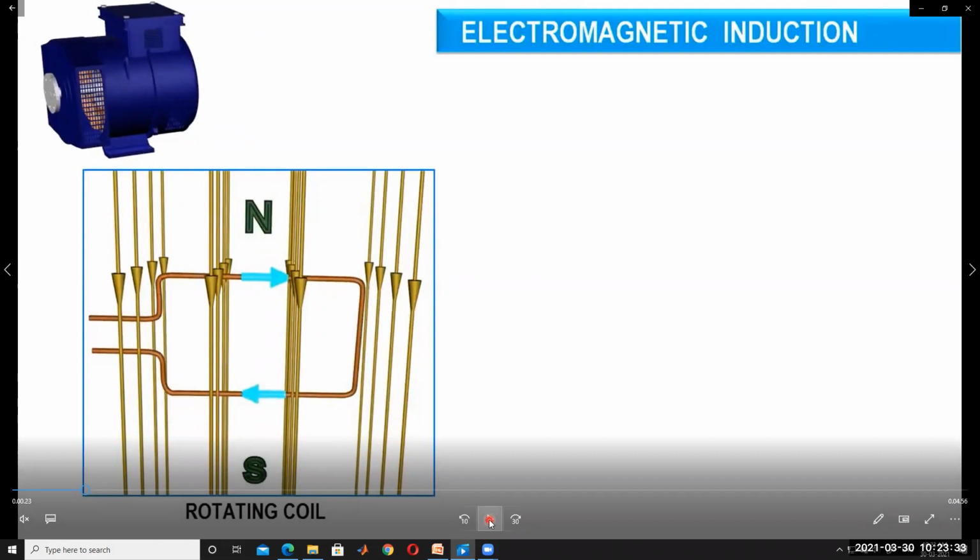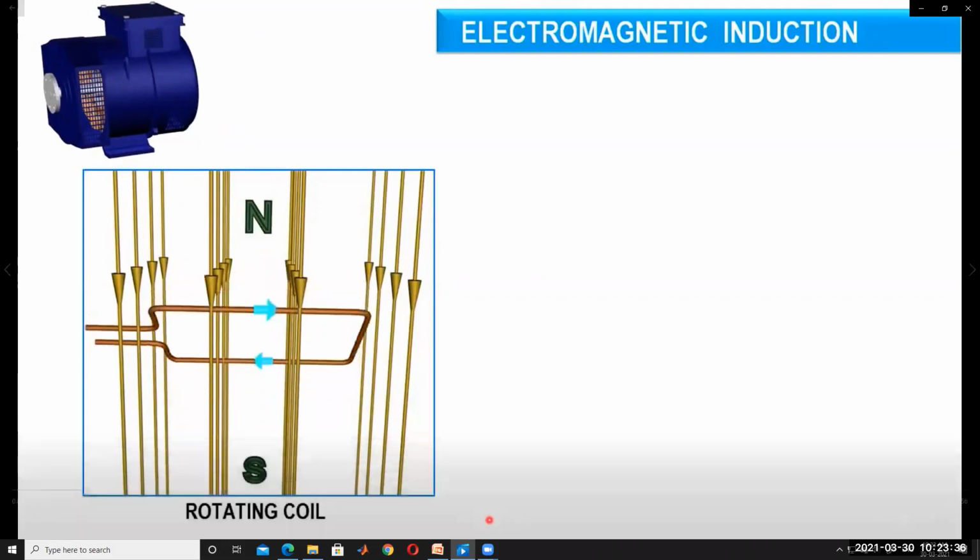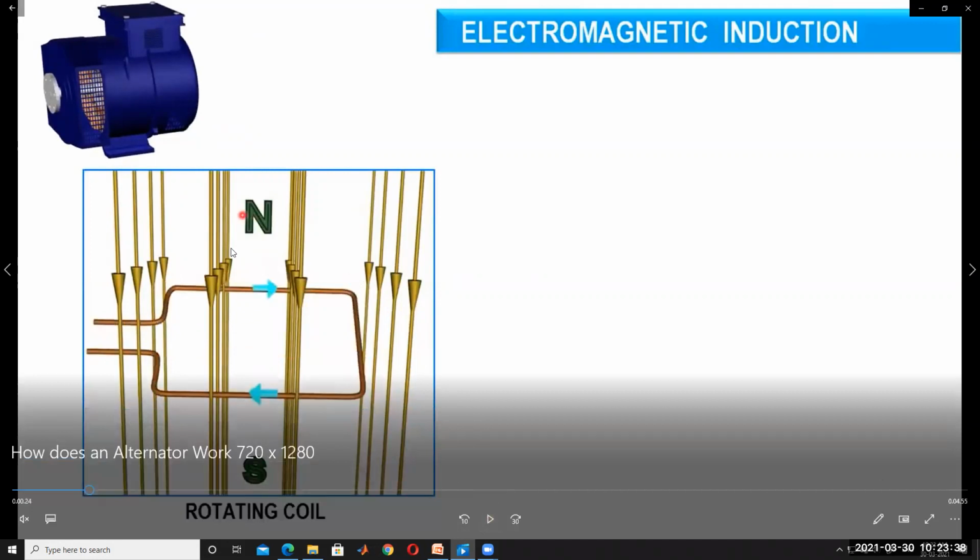Same concept here also, with a stationary magnetic field of north pole and south pole.